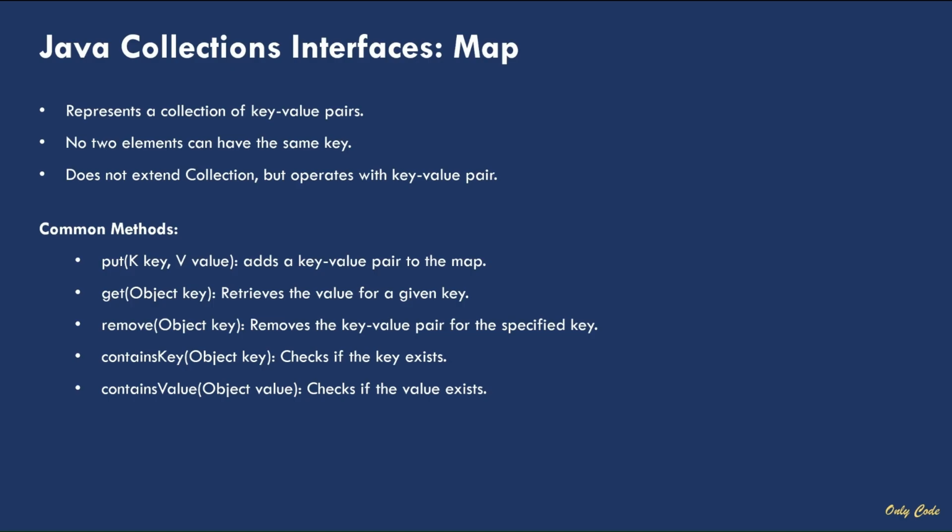The most common implementations of map interface are HashMap, which allows null values and keys and does not maintain any order, and TreeMap, which stores keys in sorted order and does not allow null keys.